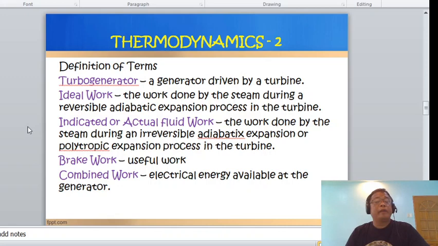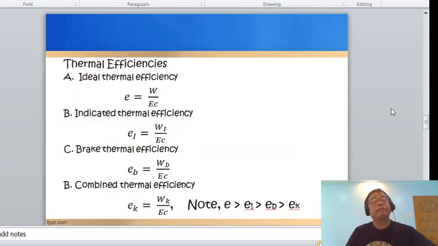Another is the brake work. Brake work is the useful work. And combined work is the electrical energy available at the generator. Another, class, we have thermal efficiency. Ideal thermal efficiency is the ideal work divided by the energy chargeable. Indicated thermal efficiency is the indicated work divided by the energy chargeable.